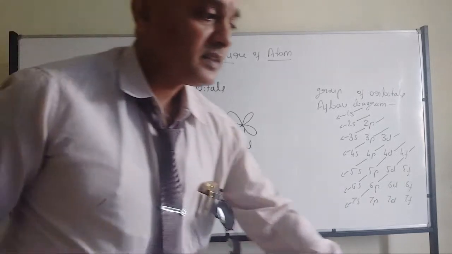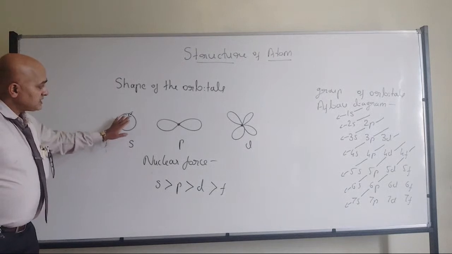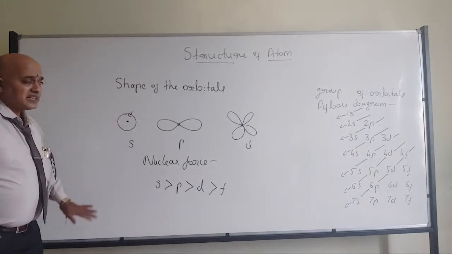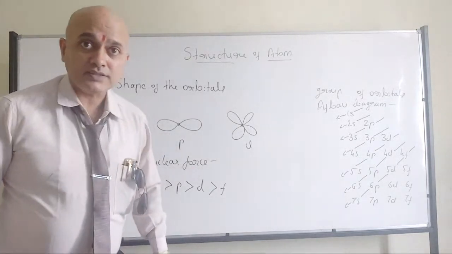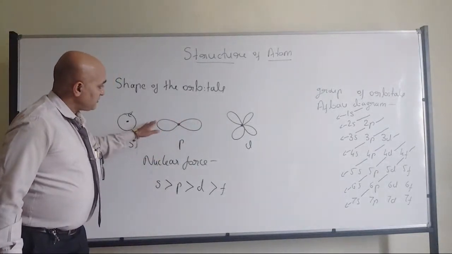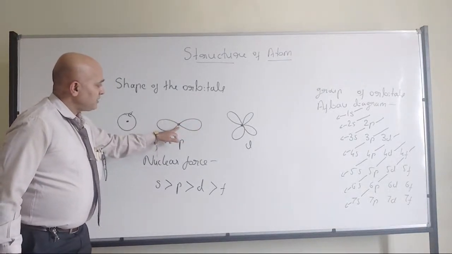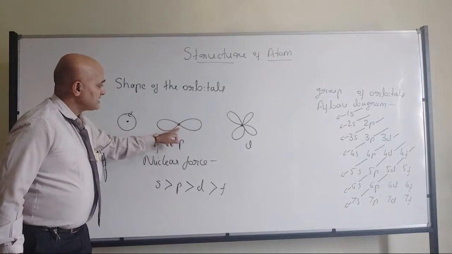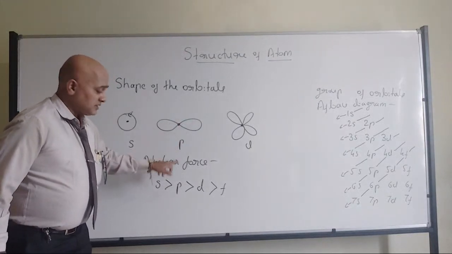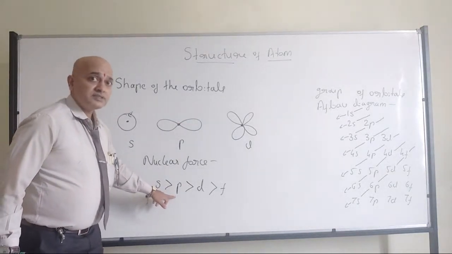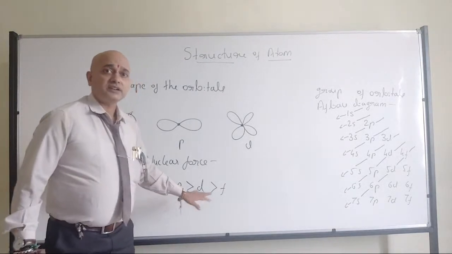Any doubt? Since the s subshell has a spherical structure and electrons are at a constant distance, they will be close to the nucleus. And p subshell electrons, since there is a variation with respect to the nucleus, once they are here, once they move here, so constant variation is there, they will feel a bit less nuclear force, and then even less nuclear force with respect to d subshell electrons, and it goes on like that.